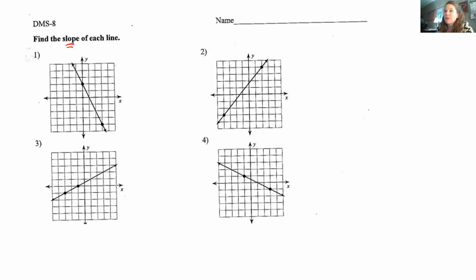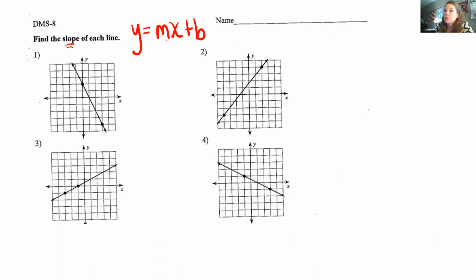If I want to talk about a linear equation, linear equations can be written in this form, which is called slope-intercept form. y = mx + b. So you're always going to use the two variables x and y unless you have a vertical or horizontal line, where you only have an x or you only have a y.